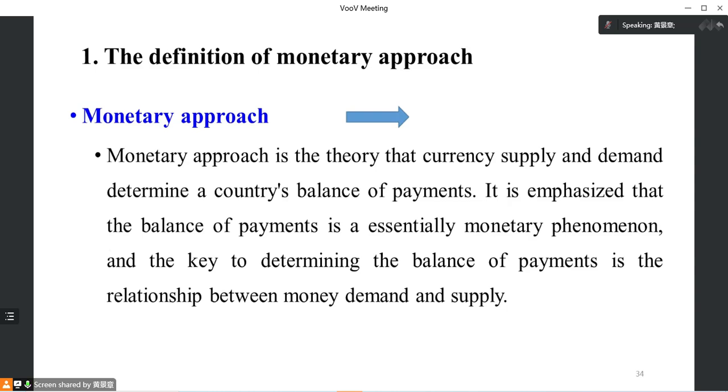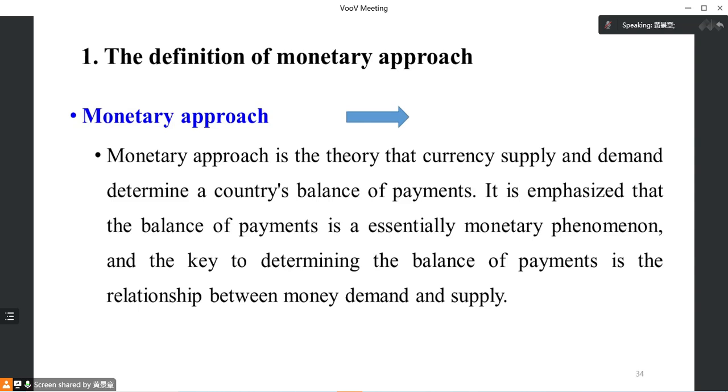And the key to determining the balance of payments is the relationship between money demand and supply. From this page, we should understand that the monetary approach is a method to solve the current account deficit.